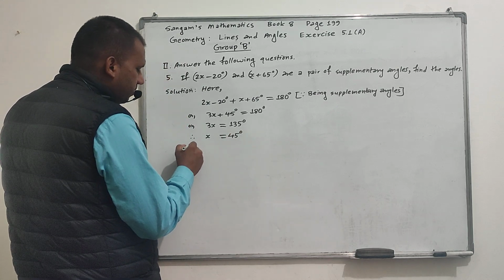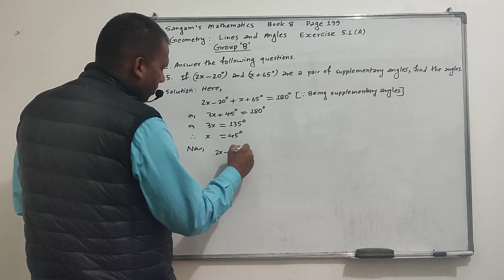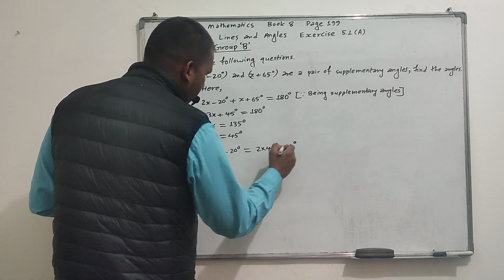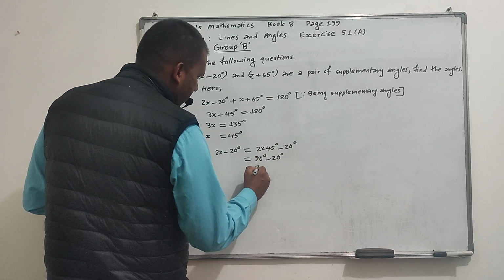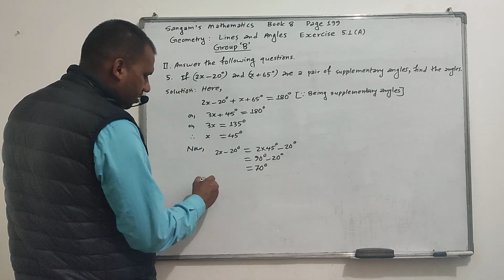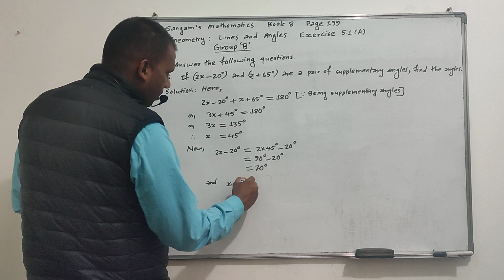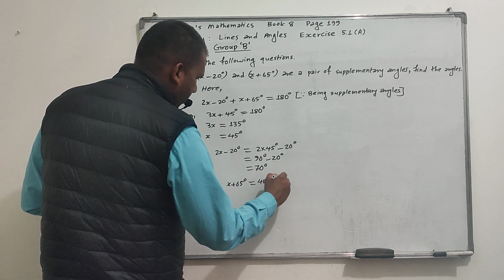Then now 2x minus 20 degrees equal to 2 times 45 degrees minus 20 degrees, 90 degrees minus 20 degrees, that is 70 degrees, and second angle x plus 65 degrees equal to 45 degrees plus 65 degrees.